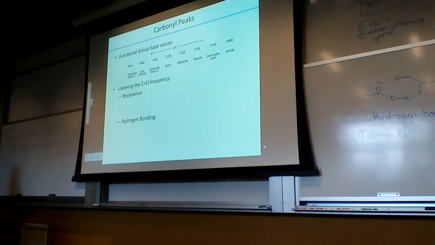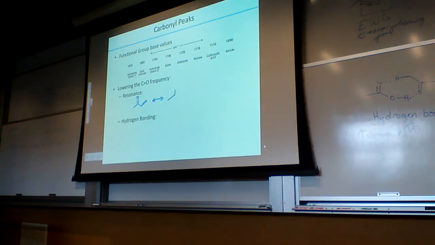These are essentially what we've seen already, but as a review, if you have resonance, it's going to decrease the stretching frequency. And so if we go from a standard ketone to this conjugated ketone, now we have a ketone and the double bond there.